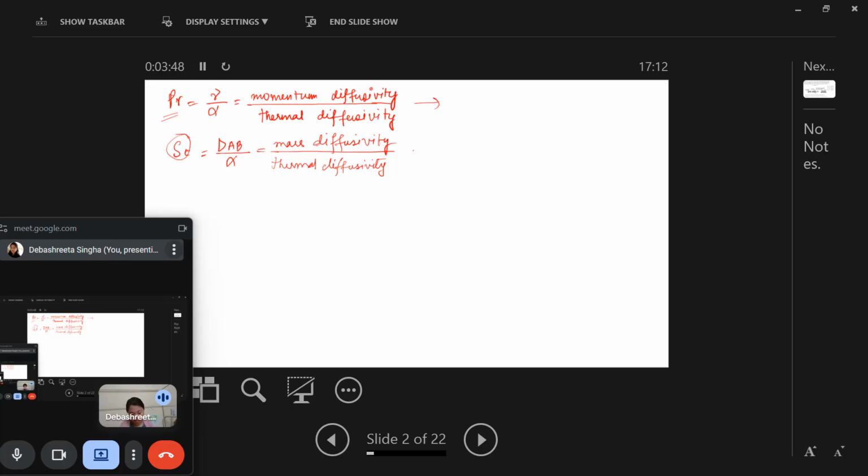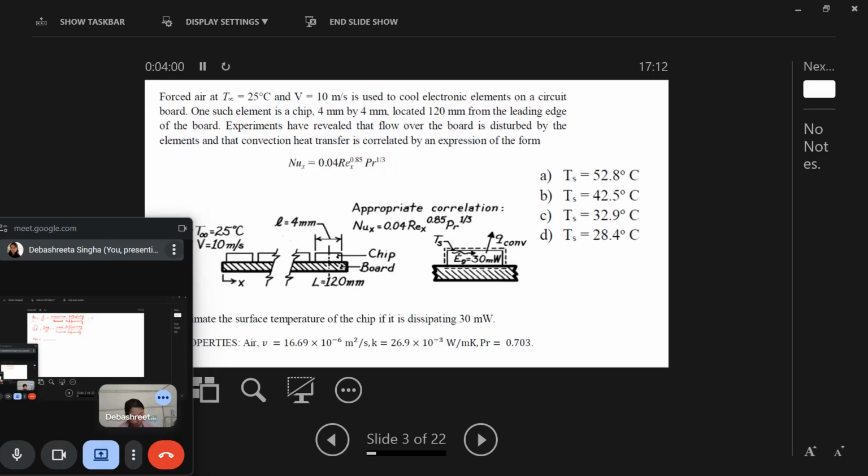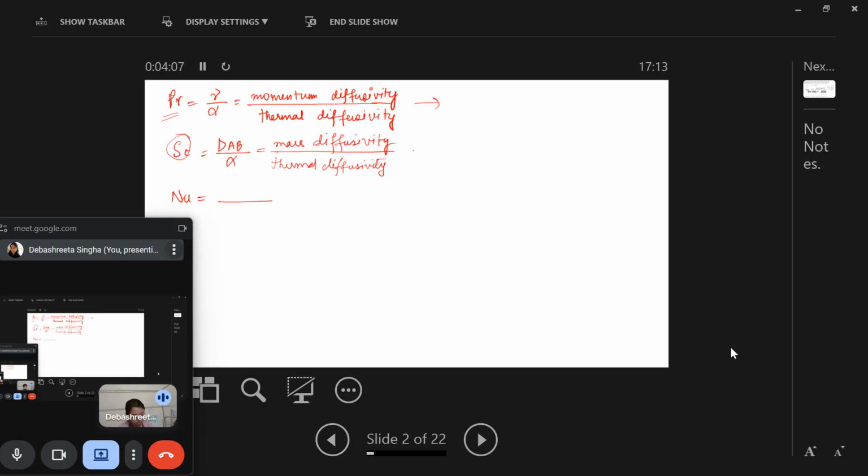The next is the Nusselt number. The Nusselt number is given as the resistance for conduction in fluid to the resistance for convective heat transfer.